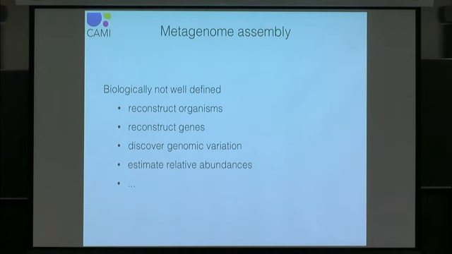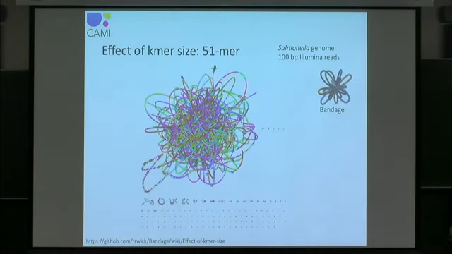And I just want to show you, as a brief reminder, why assembly is a problem, with some slides where you see the effect of the k-mer size. You run an assembler and usually you have to choose a k-mer size for your assembly. This is an example I took from the Bandage webpage. Bandage is a tool that visualizes a De Bruijn graph.